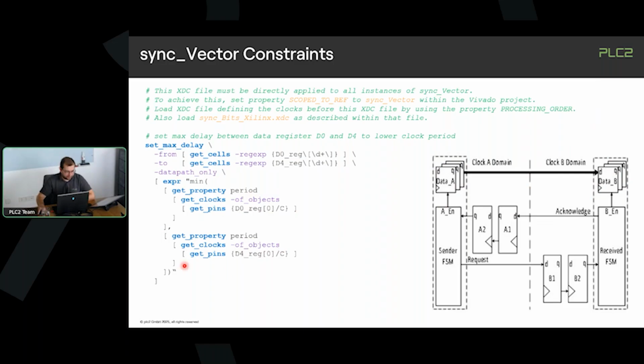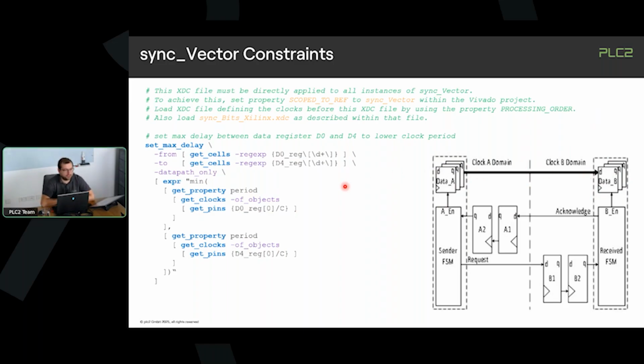That's what we get here in the second part. And now both periods, let's say 10 nanoseconds and 5 nanoseconds, are compared with each other with a minimum function. And this is then computing the minimum between 5 and 10, which gives us 5. And now we are constraining this data path here to 5 nanoseconds.